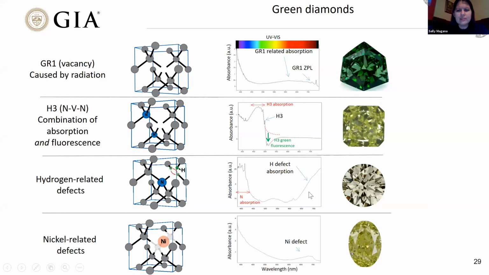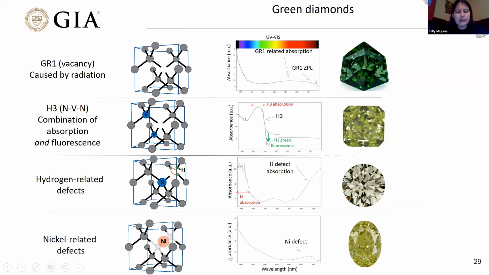We can also have hydrogen-related defects. And what that does is hydrogen causes absorption in the red to the near infrared. And again, that's flanked by nitrogen-related absorption in the blue, leaving a transmission window in the green.